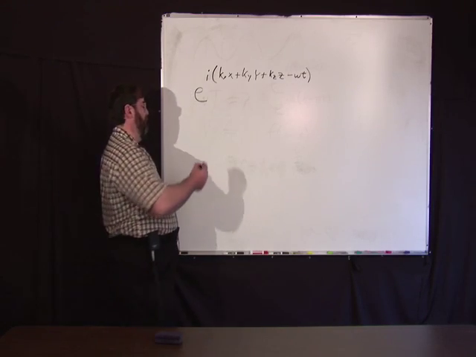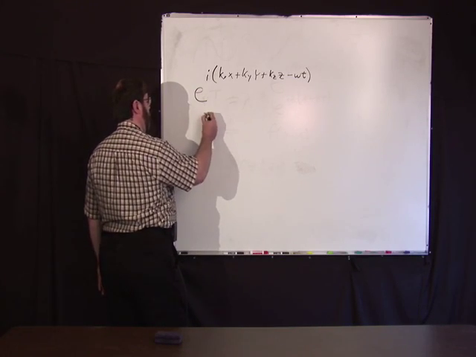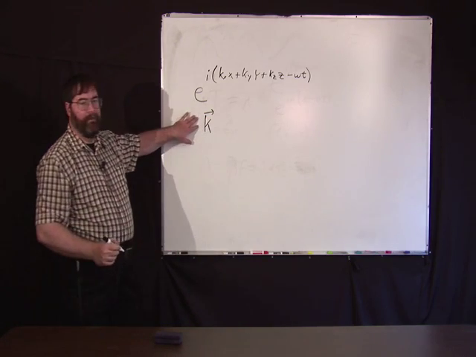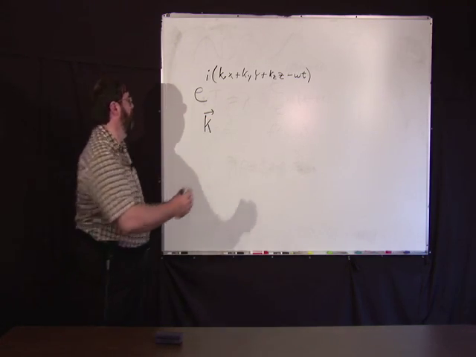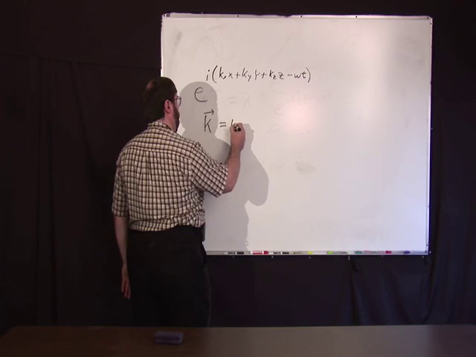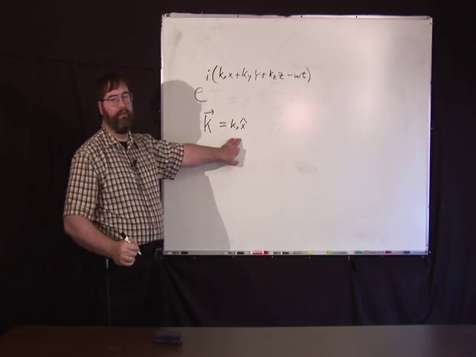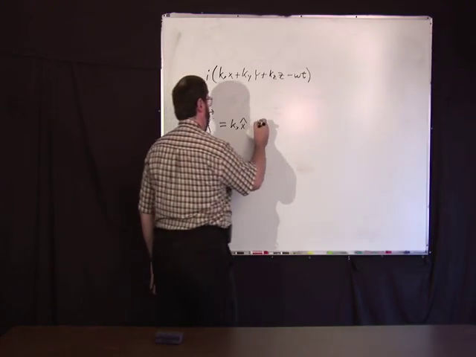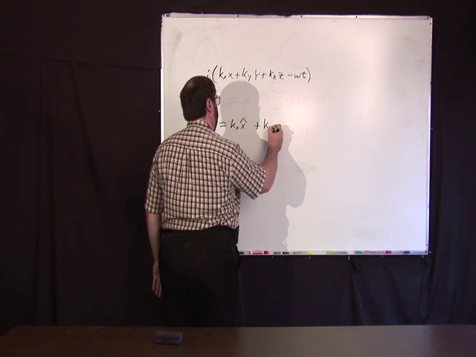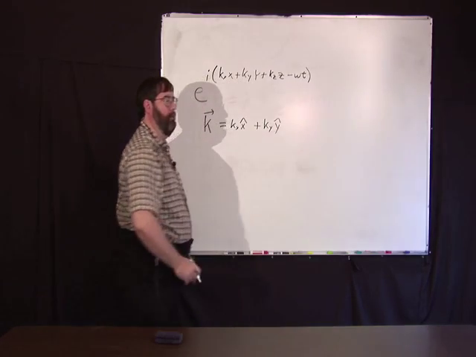You can define something called a wave vector. A vector is a quantity that has more than one component, usually denoted with an arrow over it. k equals kx x hat, which is a symbol for a vector of unit length in the x direction, plus ky y hat, the unit vector in the y direction.